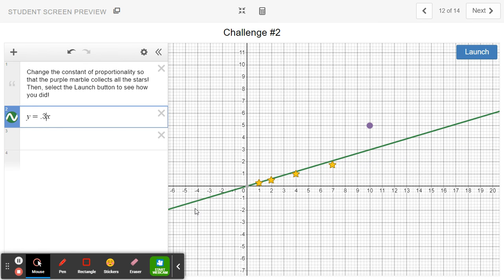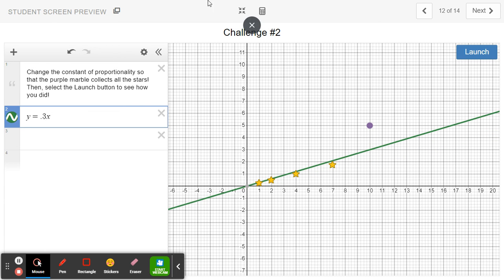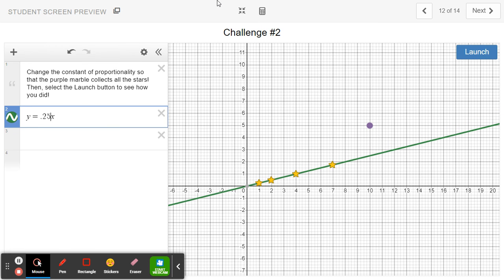So 0.3 was too much, 0.2 is not enough. Let's try the middle. That would be 25 hundredths, and the reason I knew that is because 0.2 is also 20 hundredths, 0.3 is also 30 hundredths. So in the middle of 20 and 30 is 25.